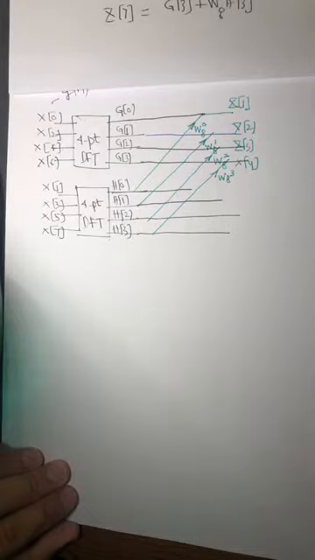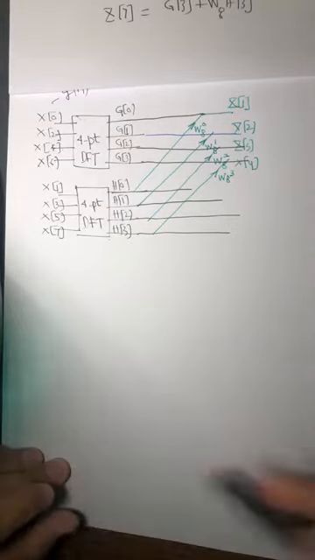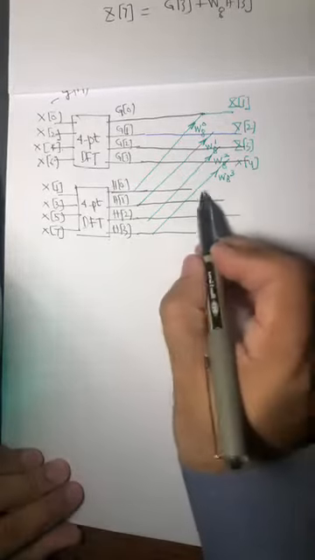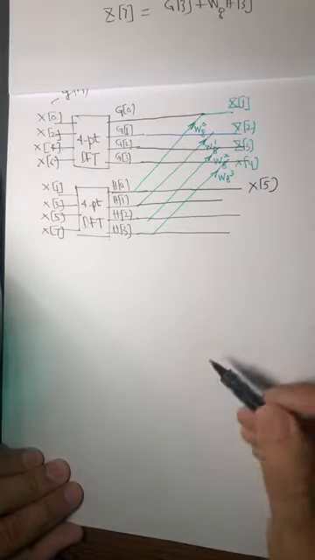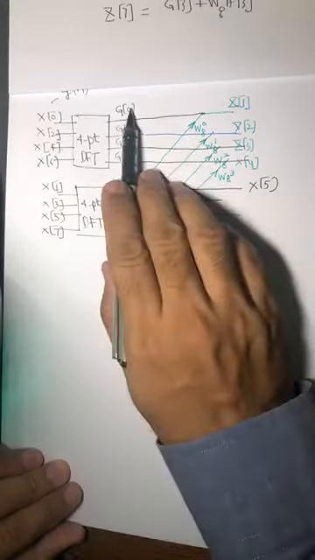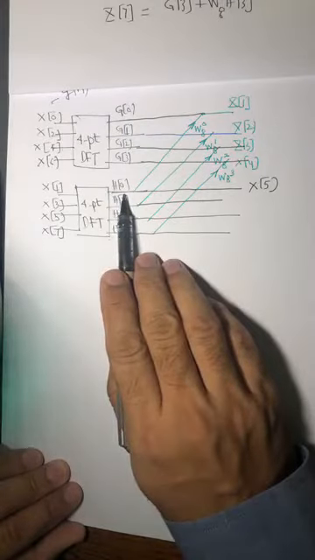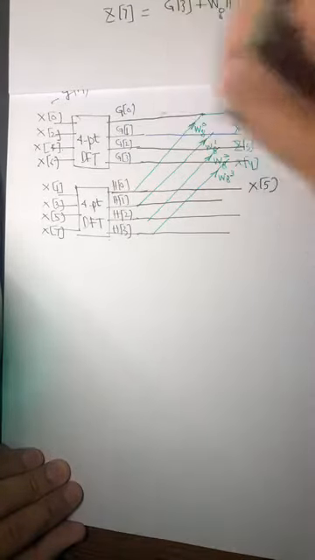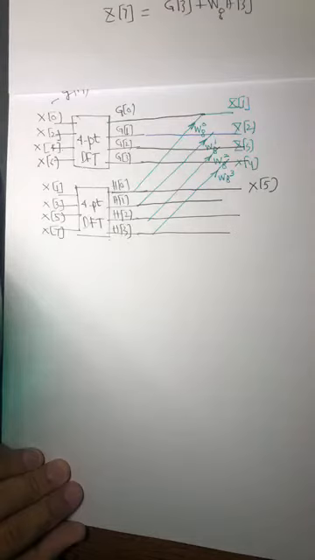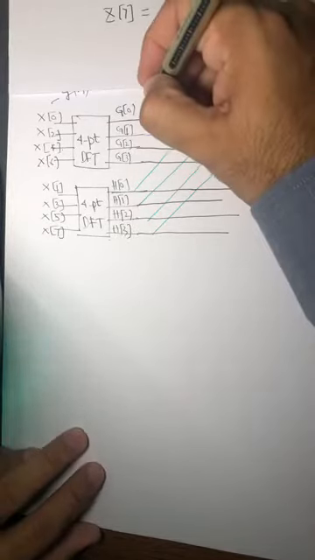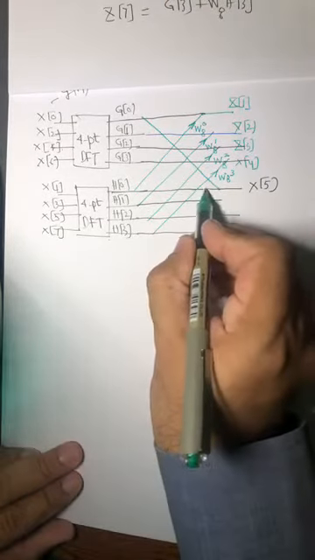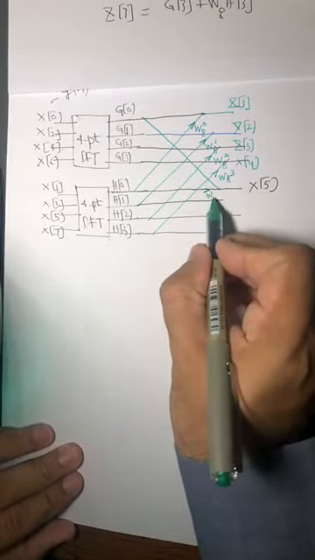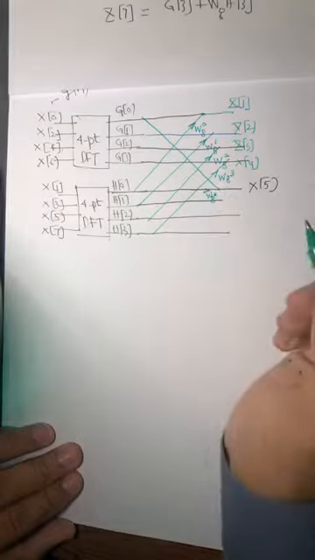The savings are for calculating X of 5. You don't need to calculate G of 5 or H of 5. Rather, you bring it down, and this is where you get the butterfly structure. You bring it down, bring it down, bring it down, and here is the pure multiply, which is W8^5.